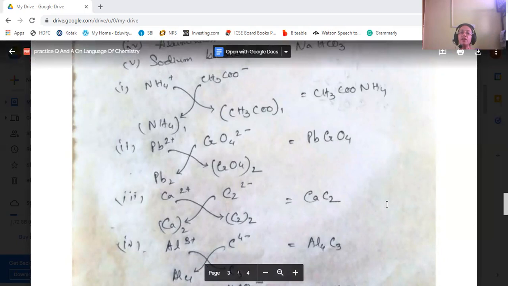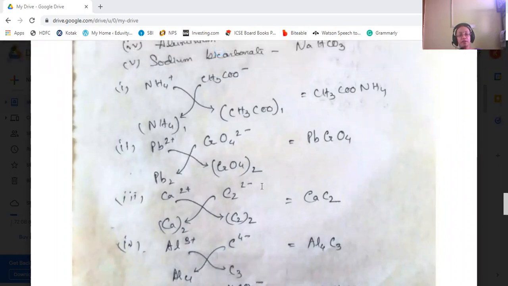Then calcium carbide. Calcium carbide also Ca2 plus and C2 2 minus.